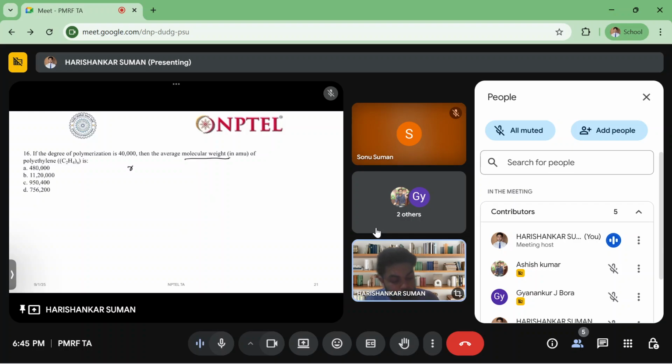Let me give you a hint. n is equal to 40,000. Please calculate the molecular weight of C2H4 and multiply by n. H you can take as 1, C as 12. So the total will be C2H4.